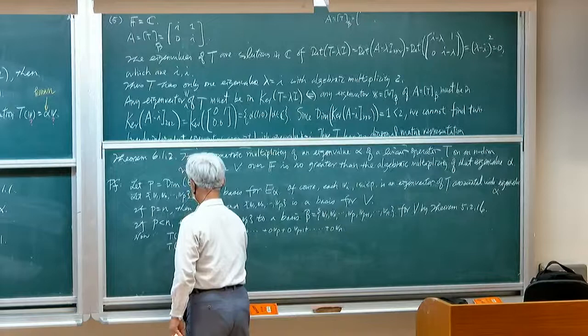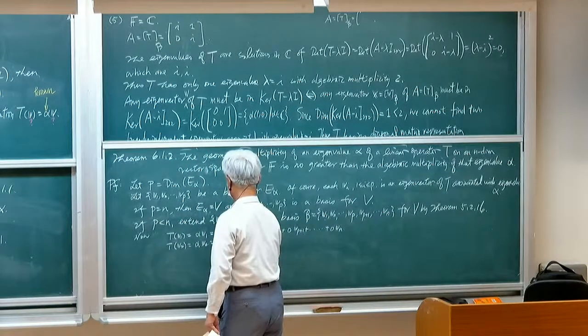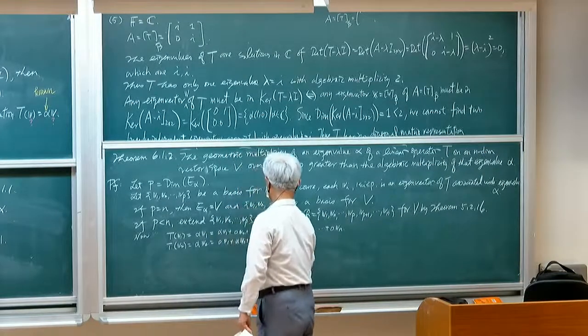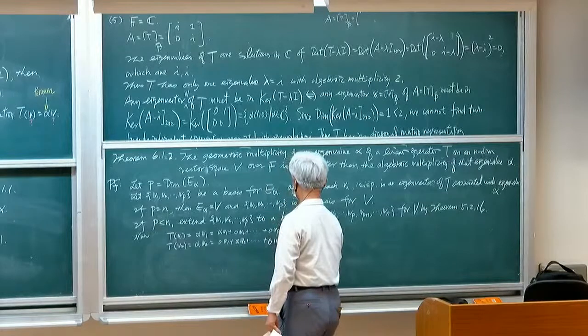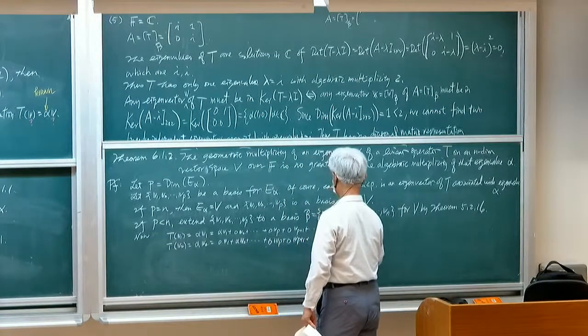TV2 is also equal to alpha V2. So it's 0 V1 plus alpha V2 plus ... plus 0 Vp plus 0 Vp plus 1 plus ... plus 0 Vn.